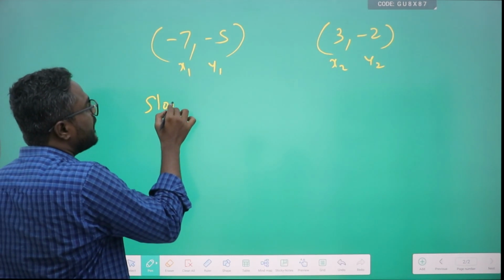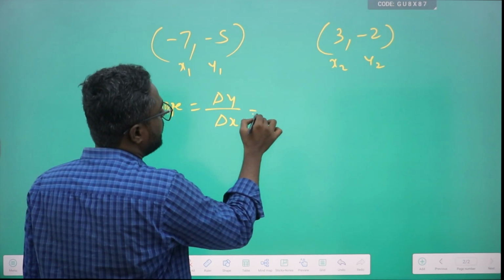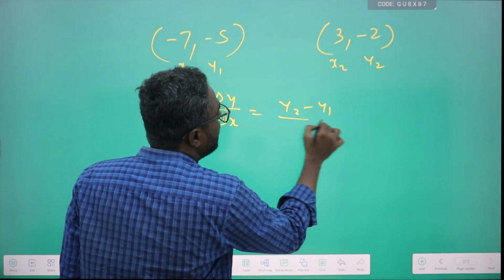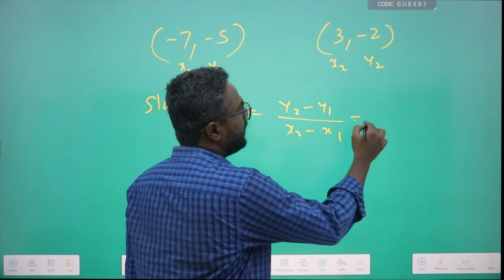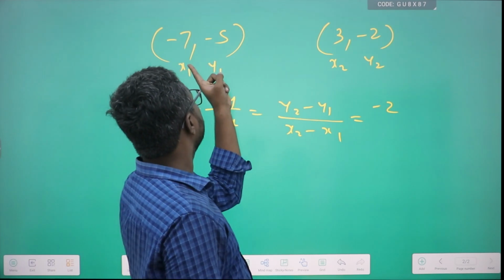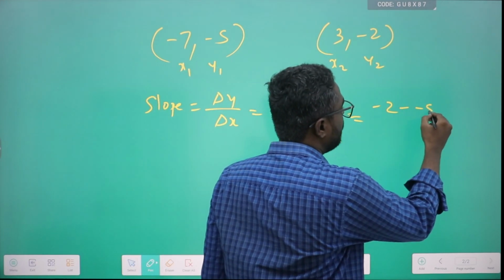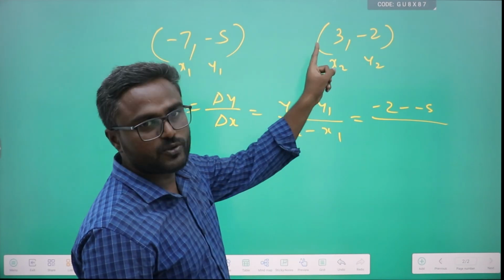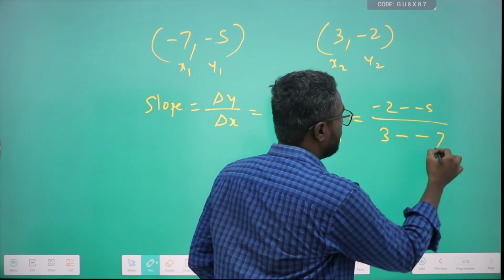Slope is nothing but difference in y coordinate over difference in x coordinate, which is y2 minus y1 over x2 minus x1. So what is y2? Negative 2. What is y1? Negative 5. So minus negative 5 over, what is x2? 3. Minus, what is x1? Negative 7.